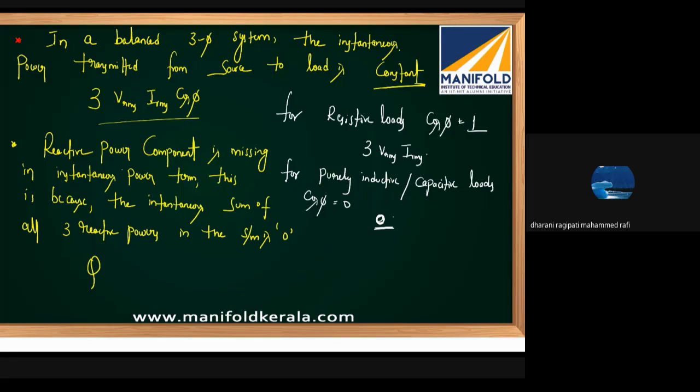That is QA of t plus QB of t plus QC of t is equal to 0 for all time t. That's why that component is missing. So you have to know these things. Okay. Any doubt here so far? Whatever we have discussed.